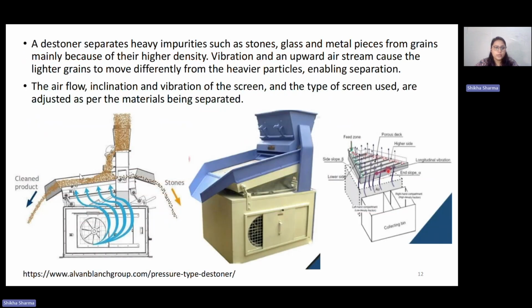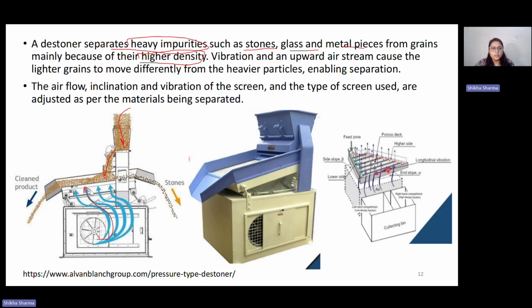This destoner usually separates heavy impurities like stones, glass, and metal pieces from the grains, because these impurities are of higher density. Suppose the inlet is here; the grains with the impurities will come and go here.